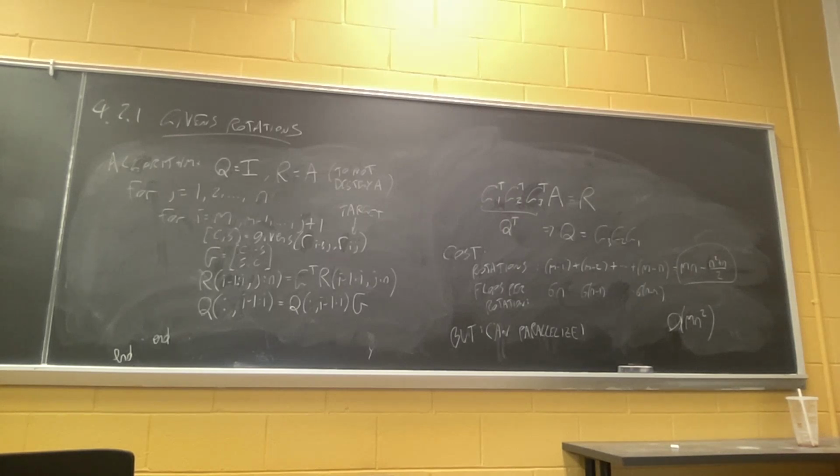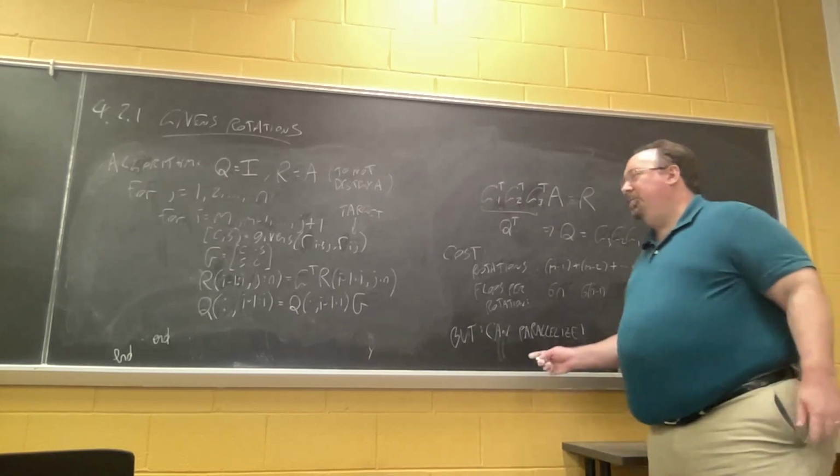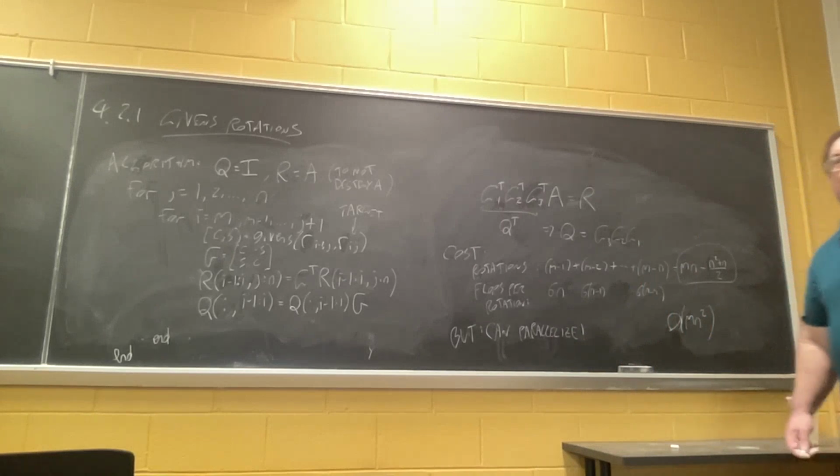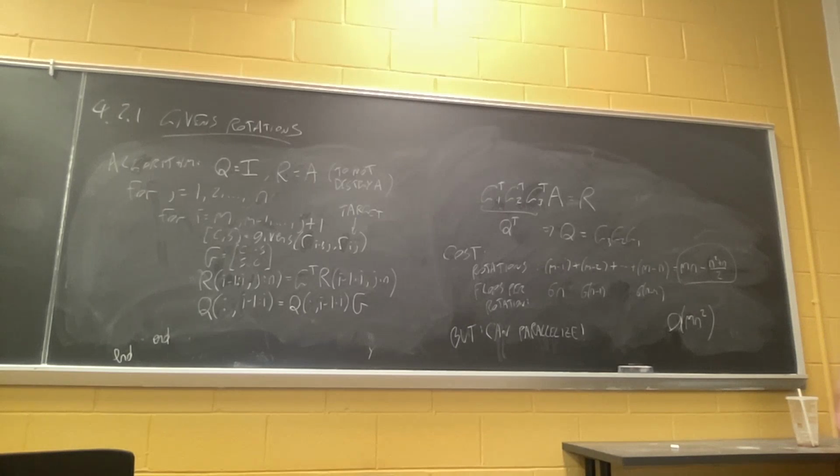Now this algorithm rotates consecutive rows, but you don't have to do that. Suppose you use parallelism to get rid of, let's say, the even numbered entries below the diagonal. Then the odd ones are left, and you can use them to kill each other. It's sort of a last element standing thing.